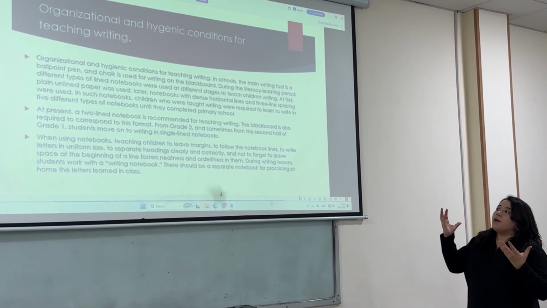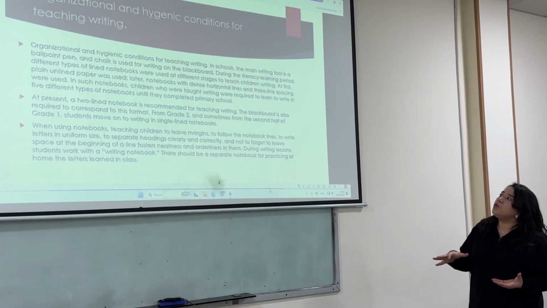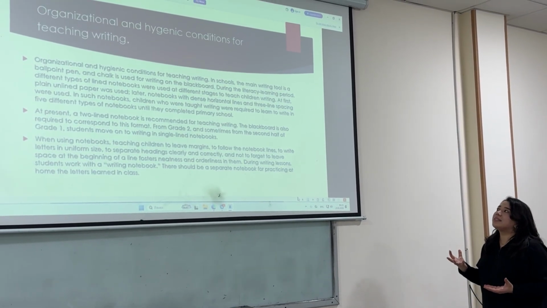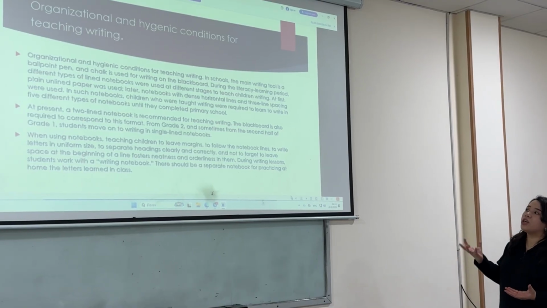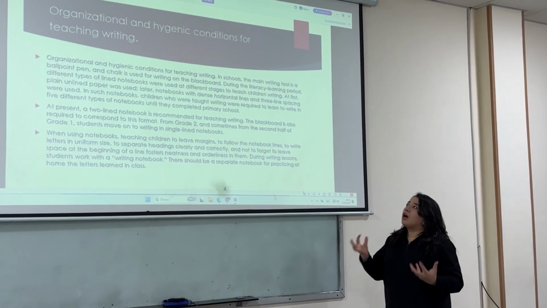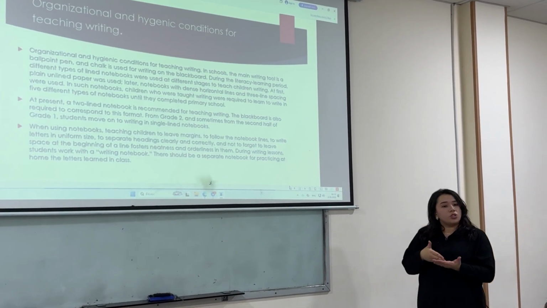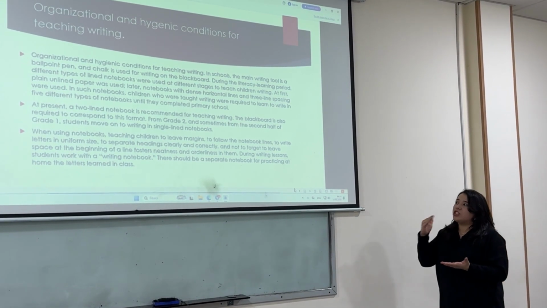At first, plain unlined paper was used, and later notebooks with dense horizontal lines and 3-line spacing were used. At present, a 2-line notebook is recommended for teaching writing. The blackboard is also important in this situation.